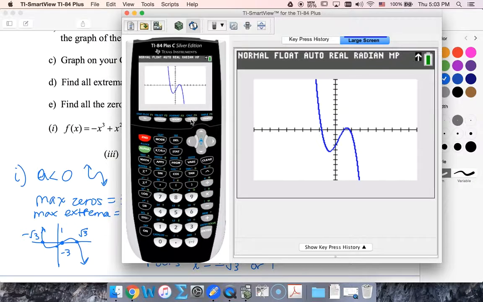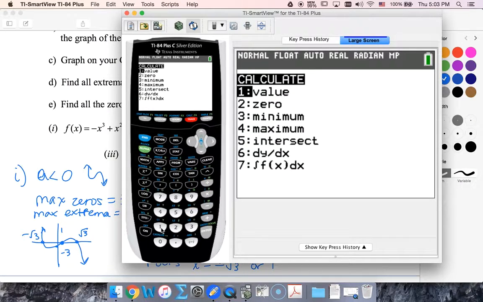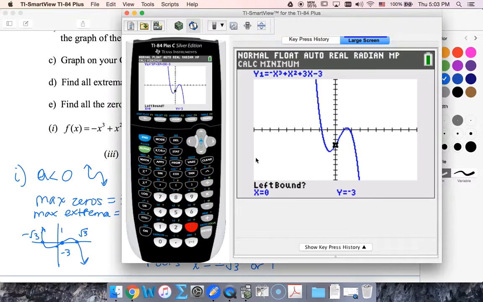So I'm going to go to calc, and then I'll start by finding my minimum. So a number for sure on the left side is negative 2. A number for sure on the right side is negative 1. What am I doing? I'm finding my minimum. A number for sure on the right side of my minimum is 0. Let me go back and correct that.